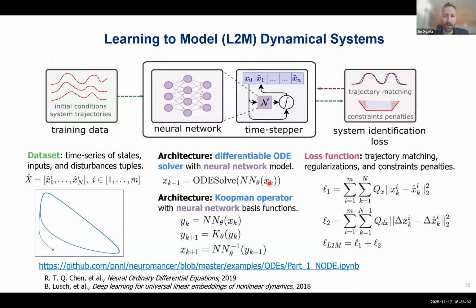So, okay, now I have a neural network that represents my vector field of the ODE. In order to differentiate through that, because this is a continuous time model, I need to discretize it. I need to have an ODE solver. So you choose some form of time stepper as a layer in the computational graph. So that's your domain-aware layer. And this time stepper can be Euler discretization or a Runge-Kutta solver that now we need to compute sensitivities through.